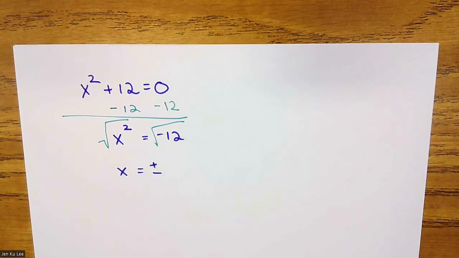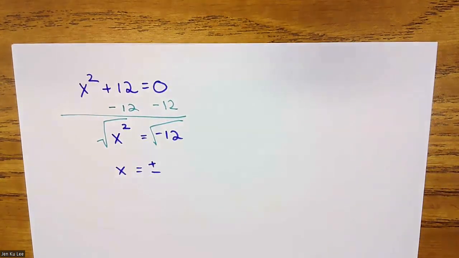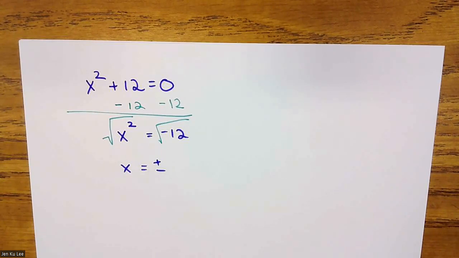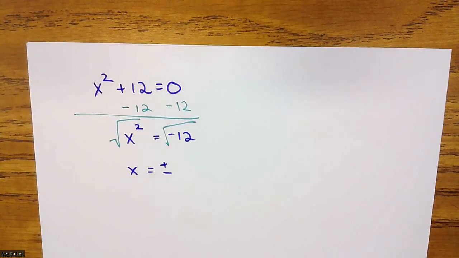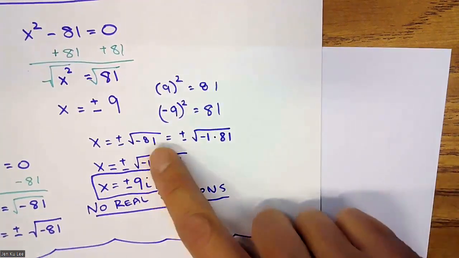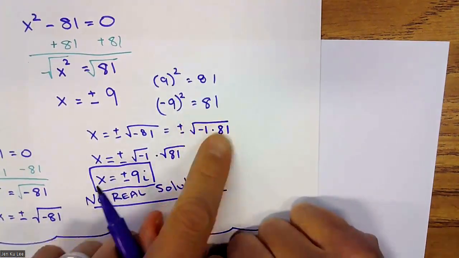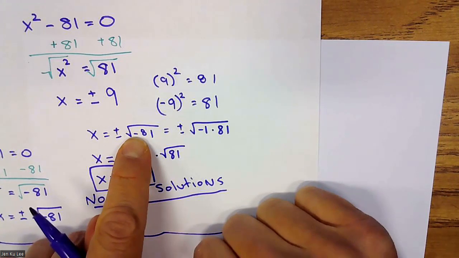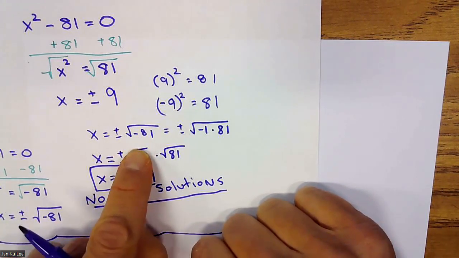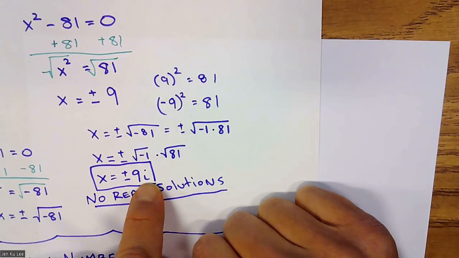So, like I said in our first example, we can do this, or we can just bypass everything. Whenever I see a negative, I'm just going to pull it out and put an I there.